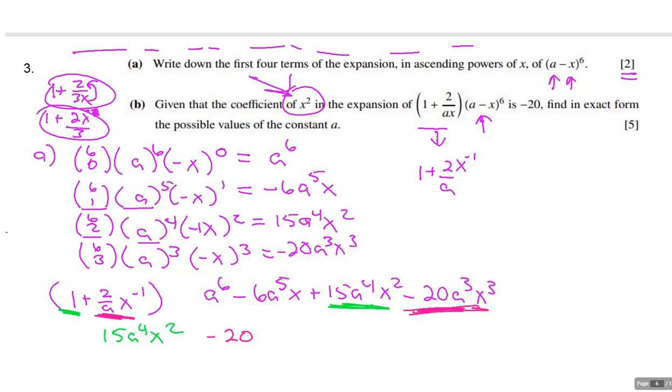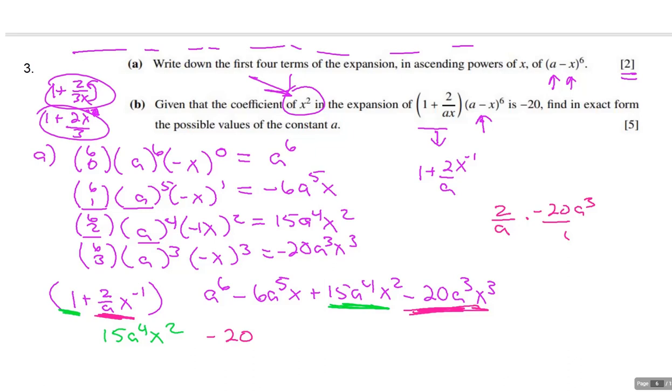Now I'm multiplying this times this, though, right? Let me do it over here. 2 over a times negative 20a to the 3rd over 1.